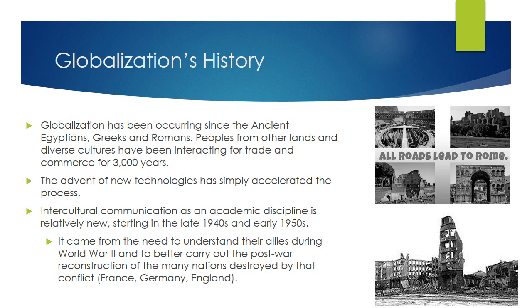And it came about primarily after World War II because we wanted to help our allies better carry out their post-war reconstruction, because countries like France, Germany, and England were literally destroyed during World War II. And if you look at the picture on the bottom right, that's pretty much what London and the major cities in Germany looked like.